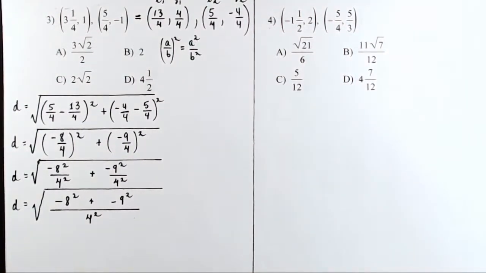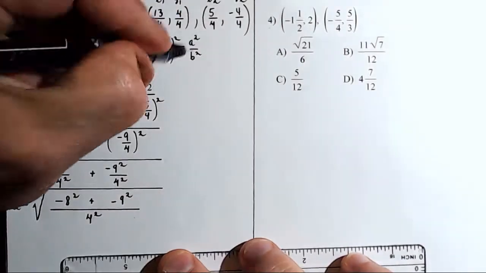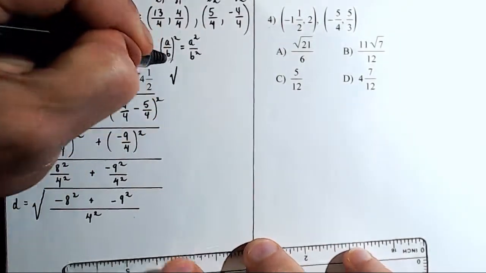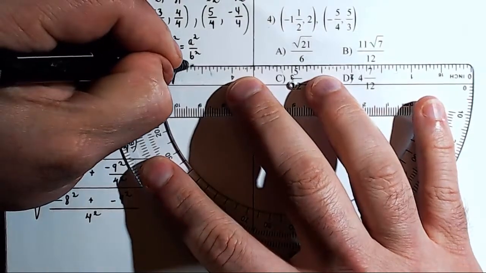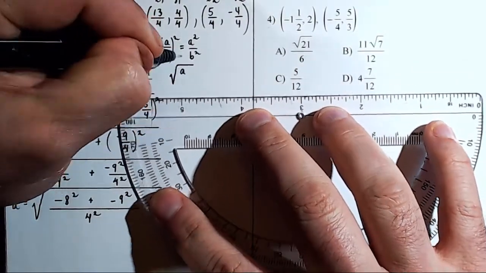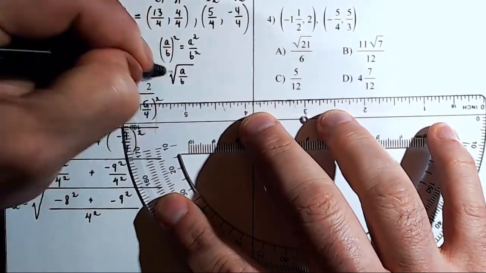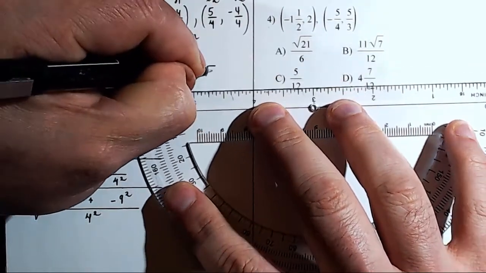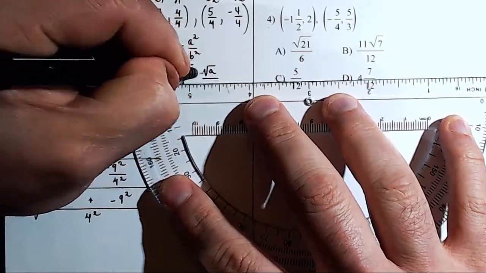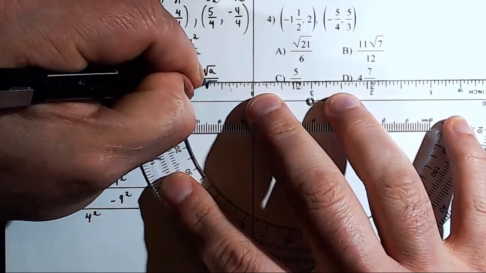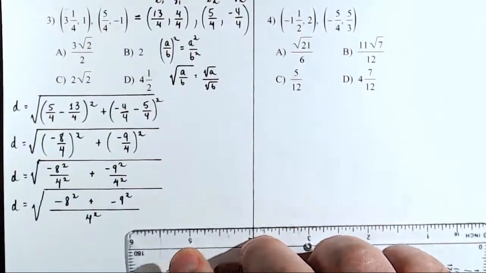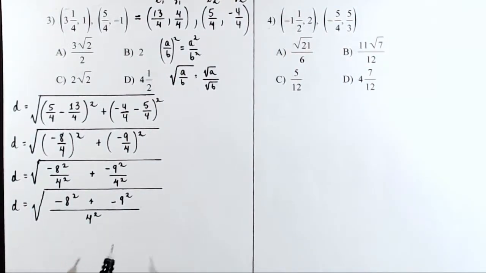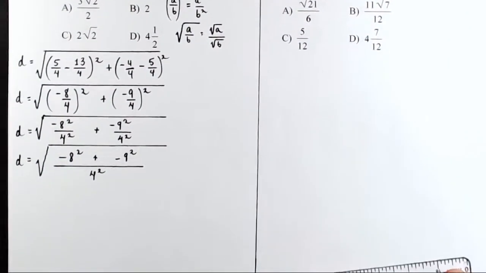And now we're going to apply the rule that the square root of a over b is equal to the square root of a over the square root of b. So I'm going to break this up into 2 square roots.